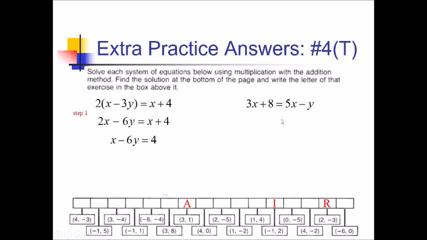Over here, it looks like we need to move this 5x and this y over to the left side, and this 8 needs to come over to the right side. So 3x minus the 5x, that's going to be -2x over on the left. If I add this y over to the left side, now I've got a plus 1y there. And if I subtract this 8 over to the right side, that's going to be equals -8.